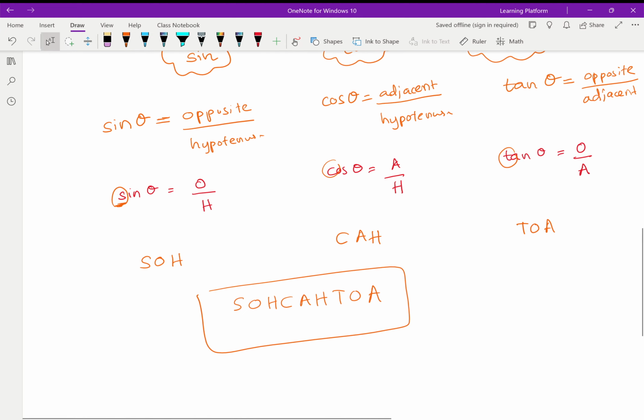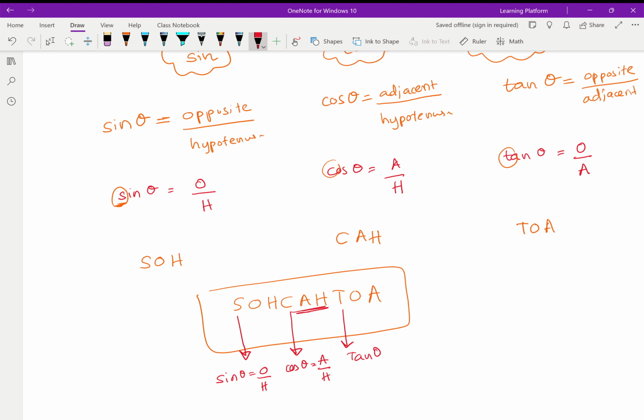So Cato. It's very easy to remember. This is sine, this is cos, this is tan. Sin theta is O over H. Cos theta is A over H. Tan theta is O over A.